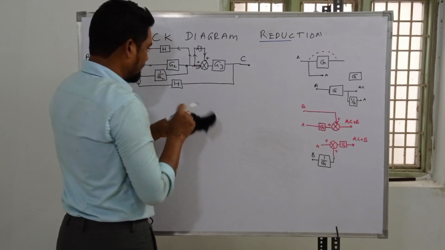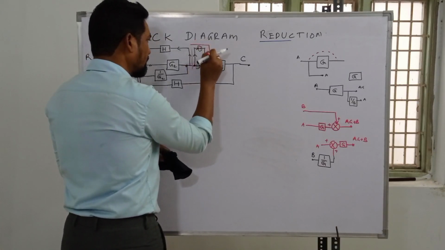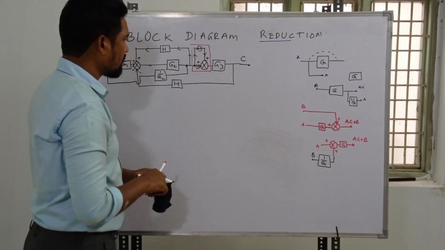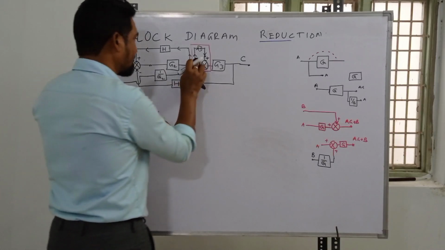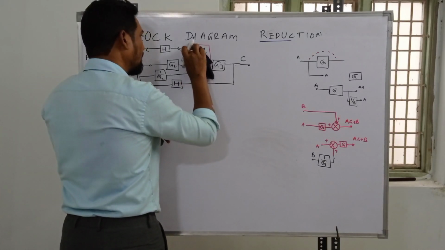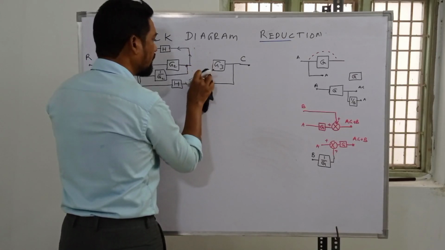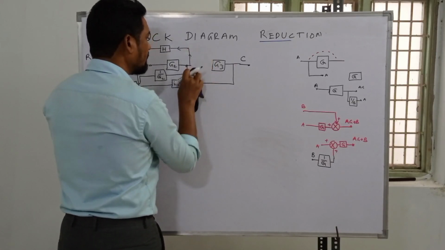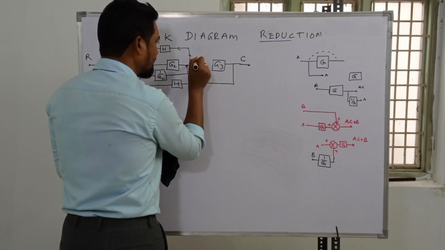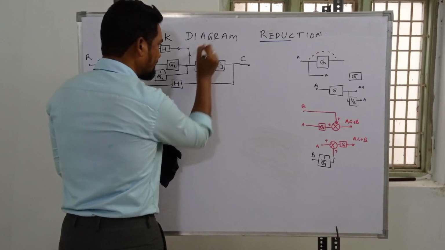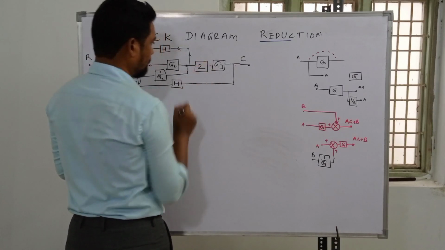So guys, this part is a feed forward and can be represented with a single block with the summing. You can erase this, completely eliminate it from this point to this point, even the summing point and the takeoff point, and substitute a single block with the transmittance this plus this, and since there is nothing else, it's unity feed forward, so it's a 2.